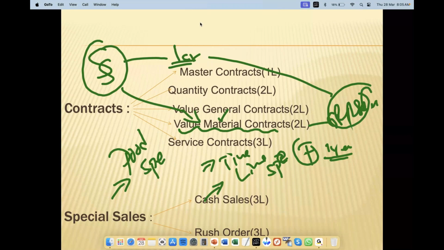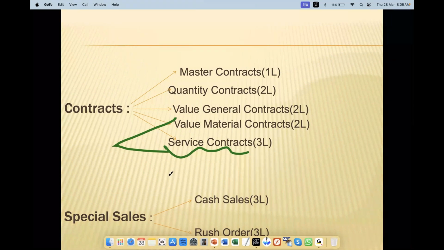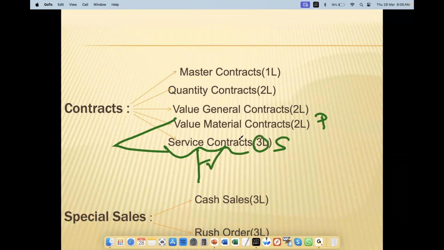And service contract. There is not much difference between the value contract and service contract. This is product specific, this is service specific. And service contract acts like an order because there is no concept of delivering. You place an order, contract reference, the billing can happen. That's the reason for the three levels for billing purpose.